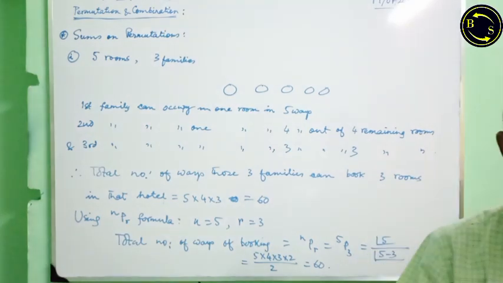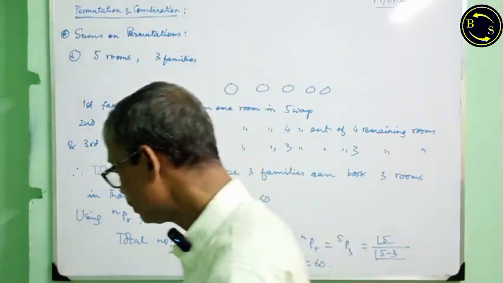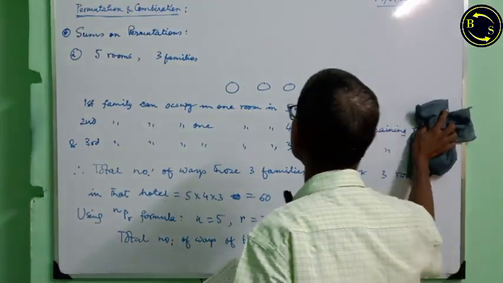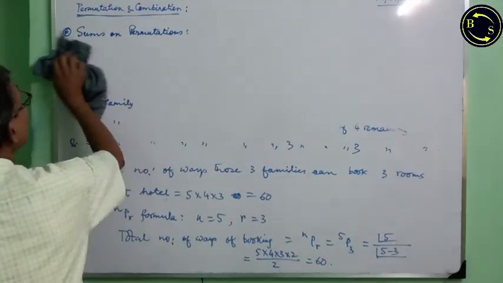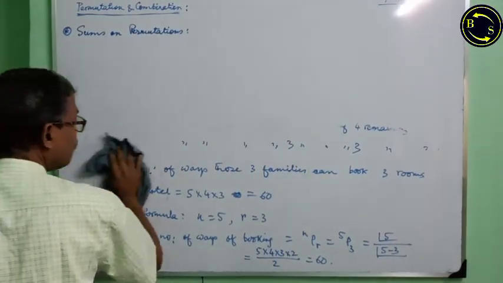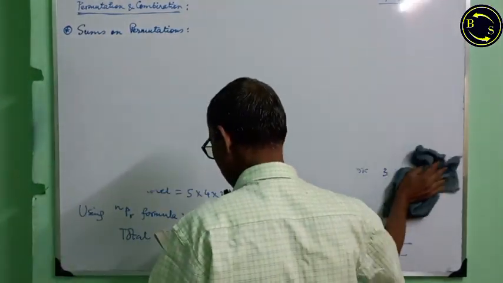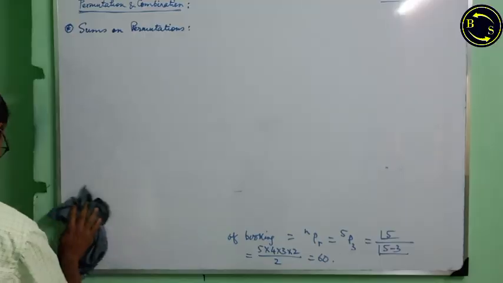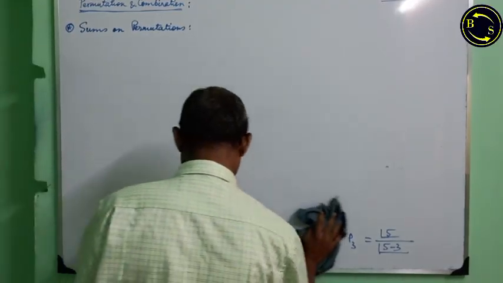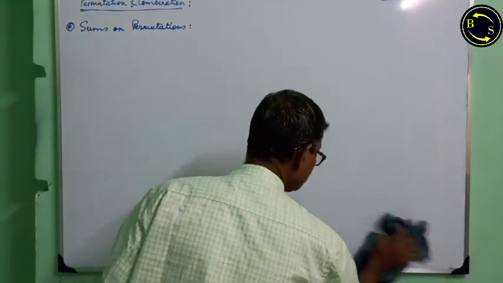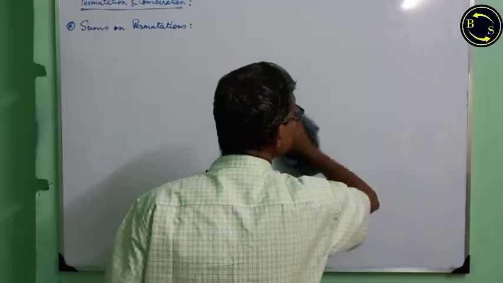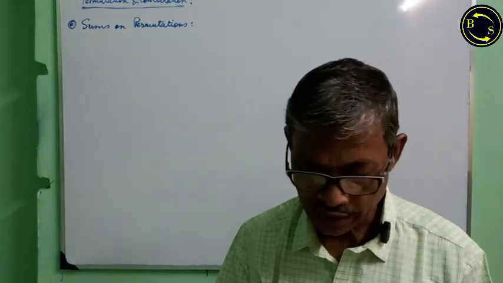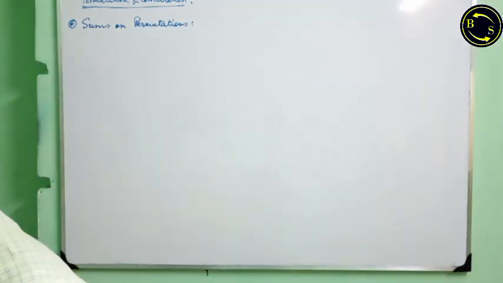Now, second sum is this. In how many ways can a vowel, a consonant, and a digit be chosen out of 26 letters of the English alphabet and the 10 digits?